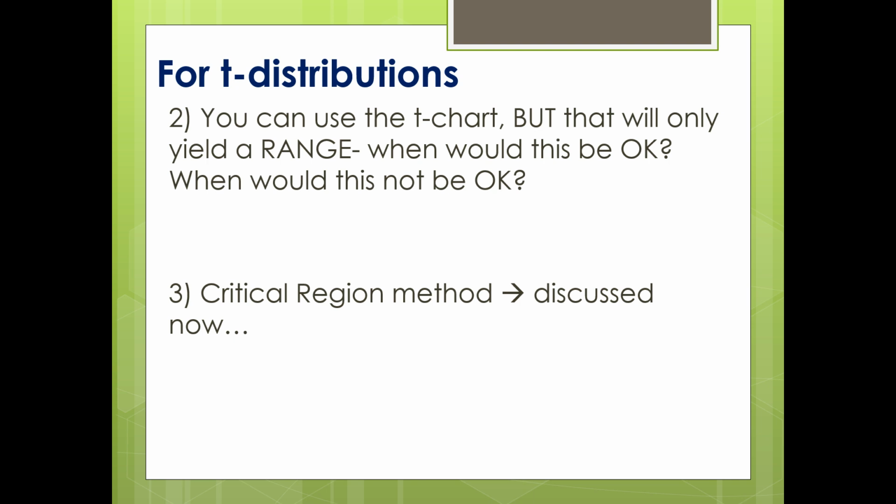Now, let's say hypothetically that our alpha is 0.10 and you use your t-chart and you find out that your p-value is somewhere between 0.025 and 0.05. If that's the case, then you would know you're rejecting your null.